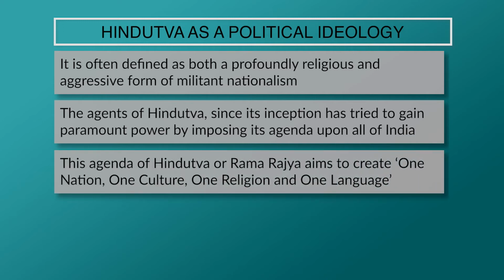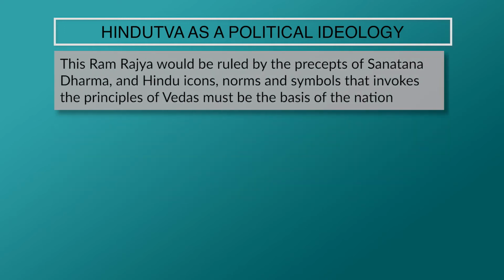This agenda of Hindutva or Ram Rajya aims to create one nation, one culture, one religion and one language. This Ram Rajya would be ruled by the precepts of Sanatana Dharma, and Hindu icons, symbols and norms that invoke the principles of the Vedas must be the basis of the nation.